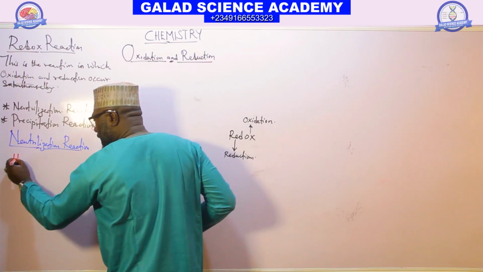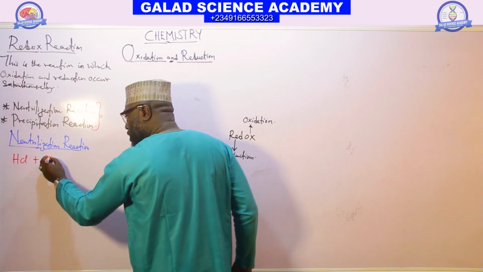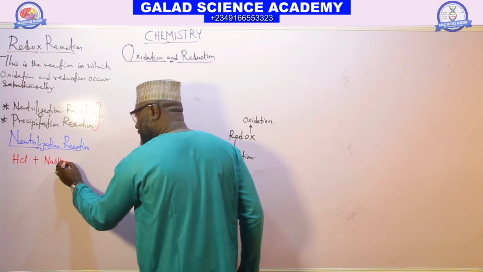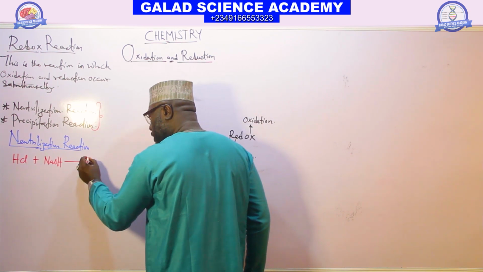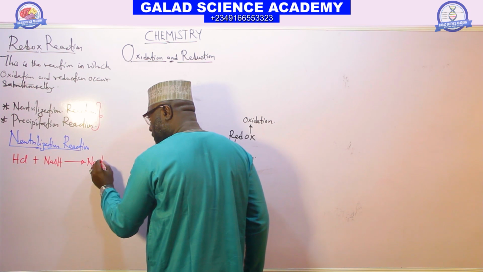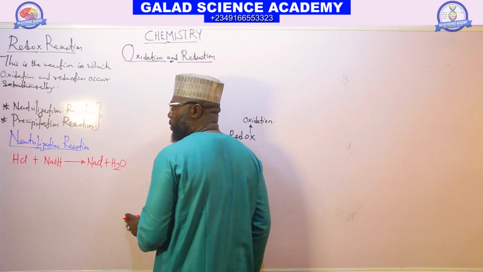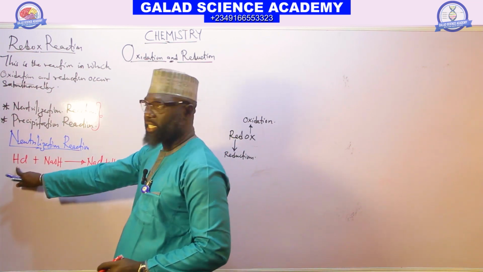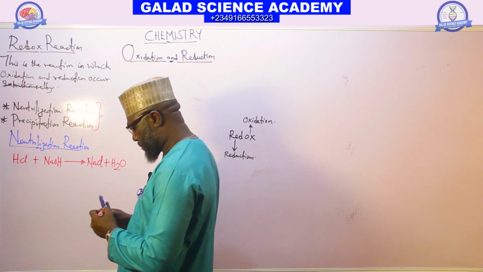Let me take HCl acid reacting with sodium hydroxide to give us sodium chloride plus H2O. This is an acid. This is a base. This is salt. This is water.